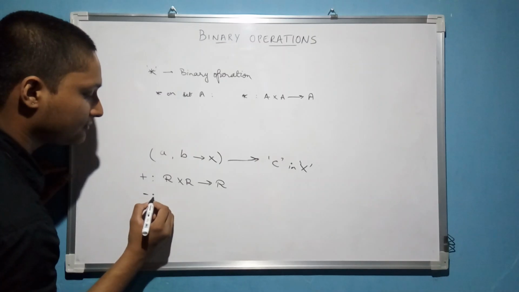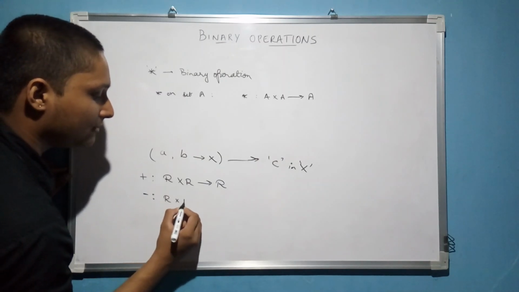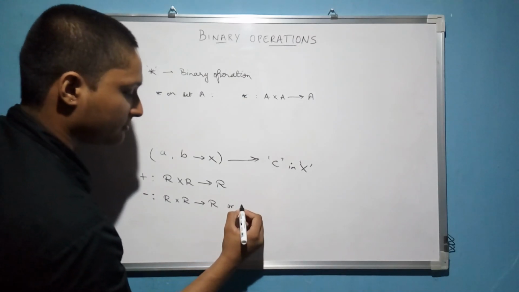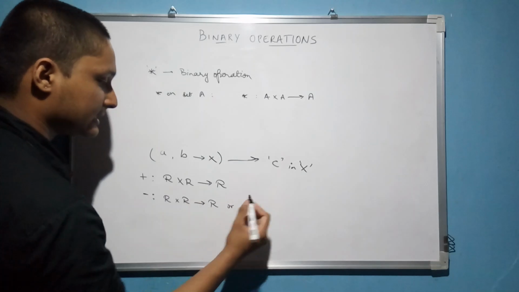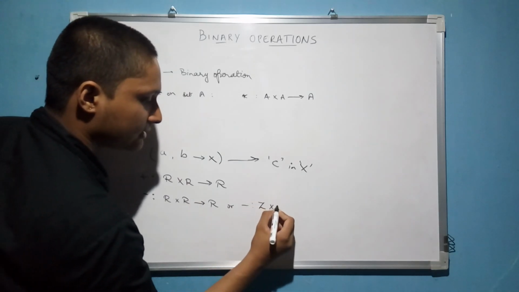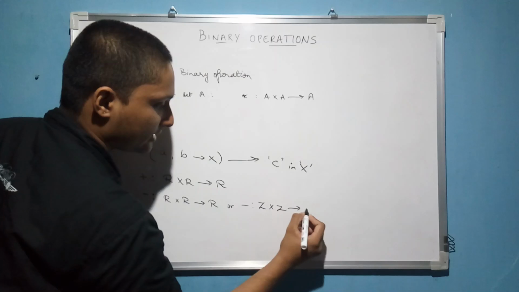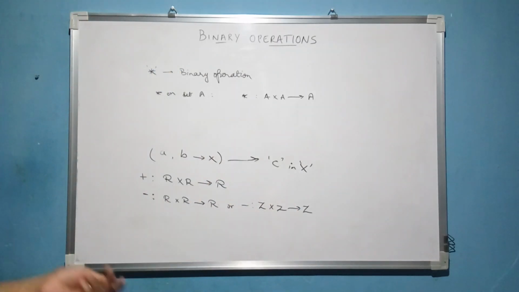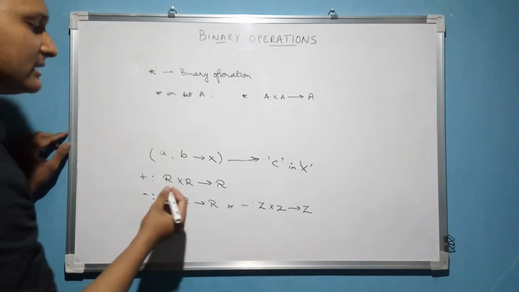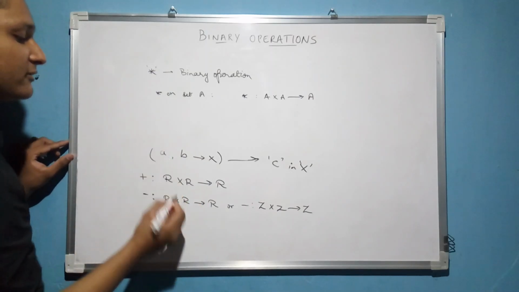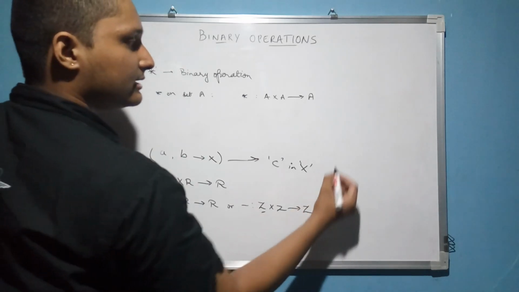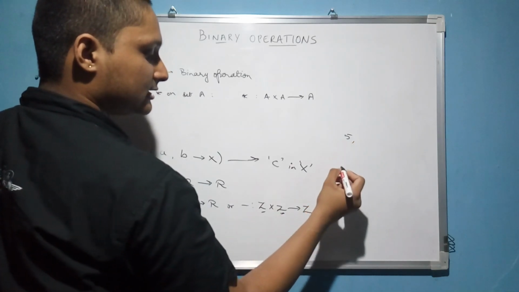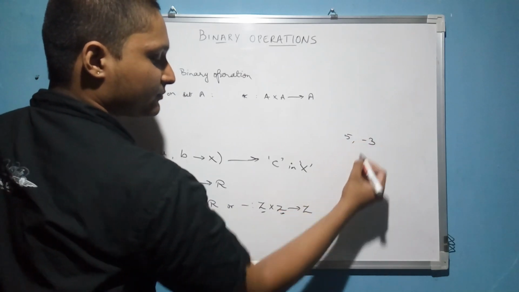So if I take the negative sign, I'll change the set now. Let it be Z cross Z into Z. So it is only the set of integers, the meaning is the same. So if I take any number from the set of integers, I will take the number 5, and for this Z, I will take another number, say minus 3.